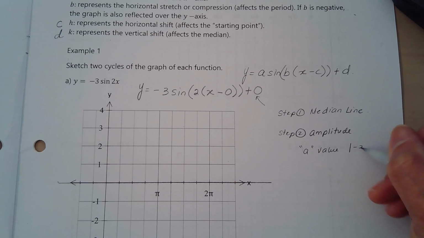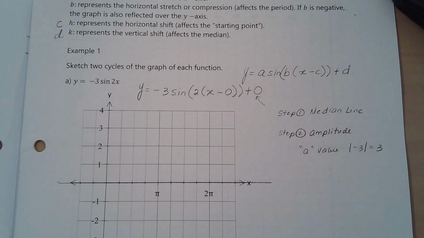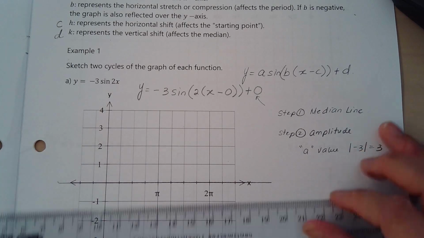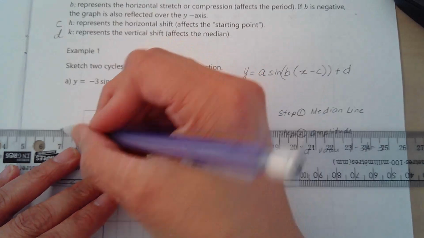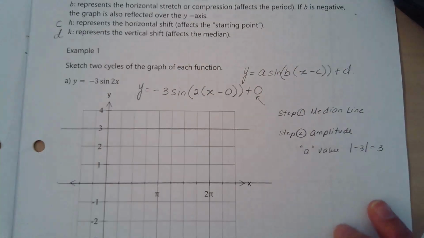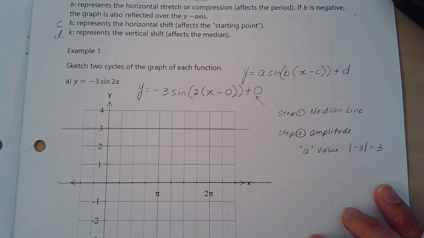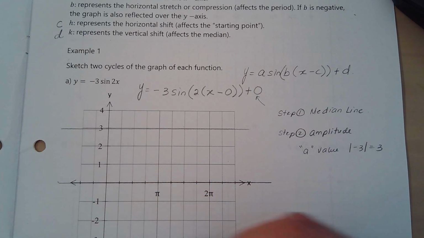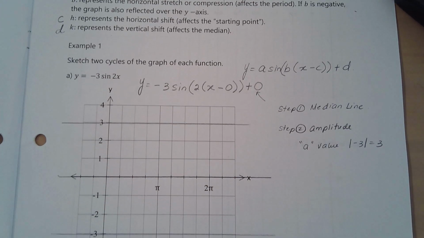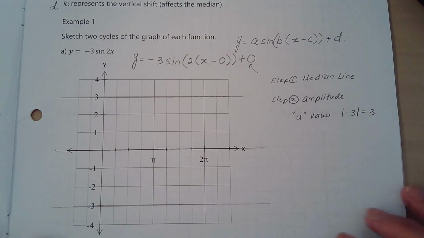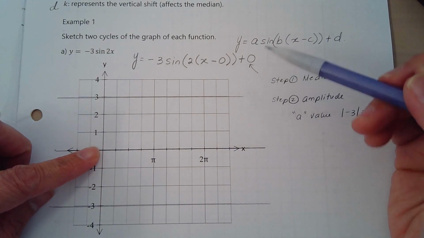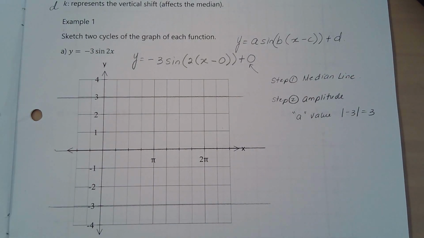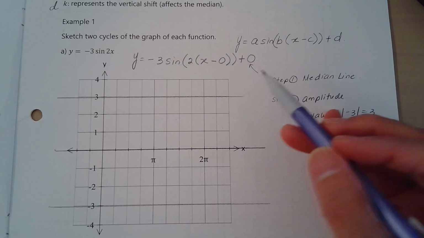The amplitude of negative 3 is 3. So that means we're going to go as far up as 3. I'm going to draw a line there, like a boundary, right there. But this is not an asymptote, just to let you know, because I use the word boundary. We don't want to confuse ourselves here. We know our sinusoidal function will fluctuate between -3 and +3. You're okay with that? Okay, so that's that piece.